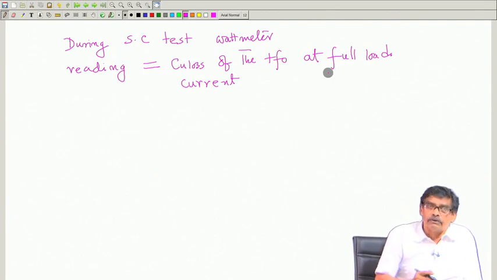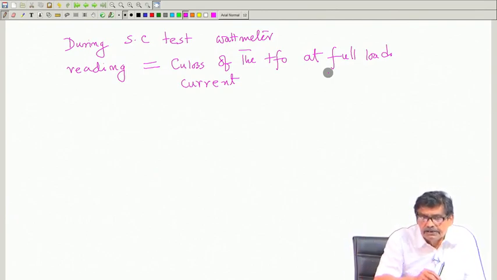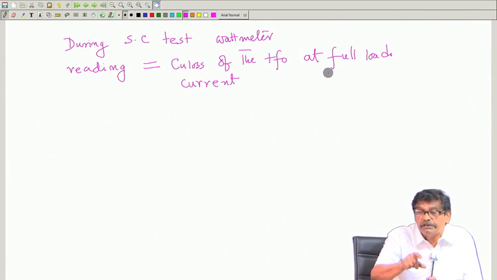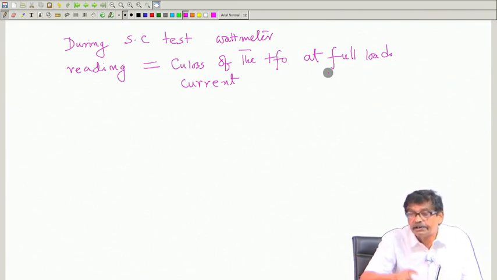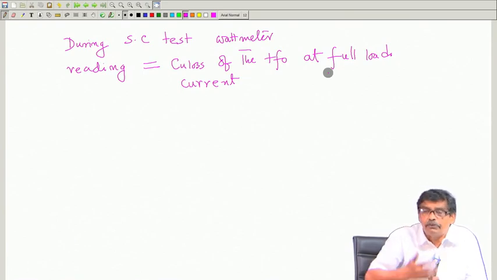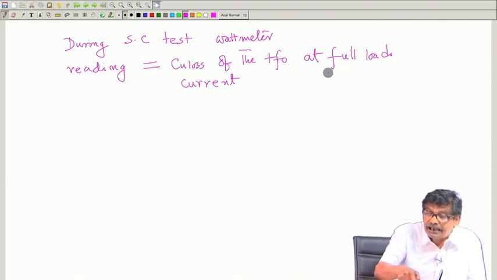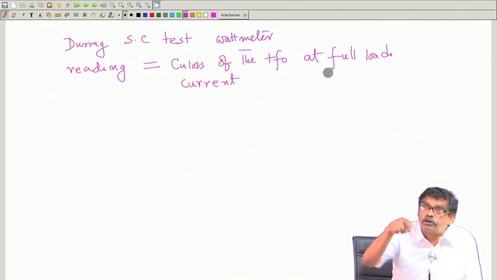Recall during short circuit test, short circuit one side, increase the input voltage from the HV side such that you apply only that much voltage which will cause rated current to flow in both the windings, and whatever is the wattmeter reading, I say that is the copper loss. So, that copper loss was calculated at rated full load current.